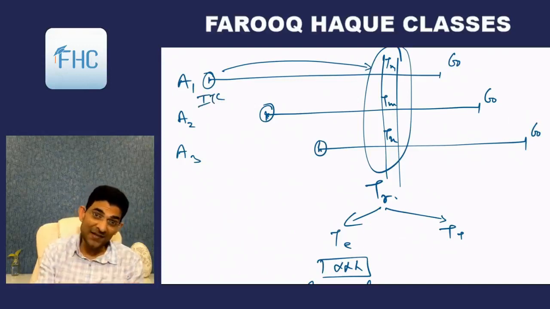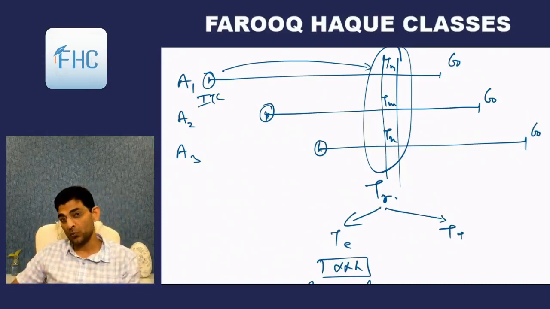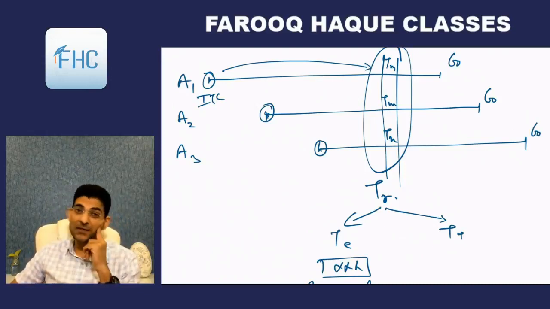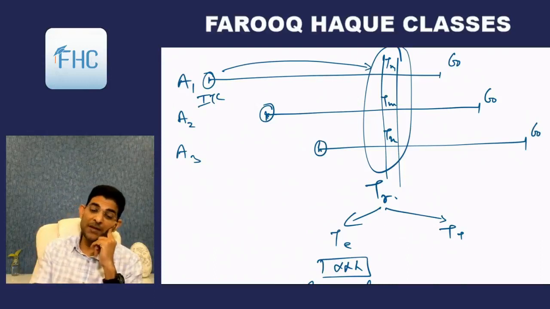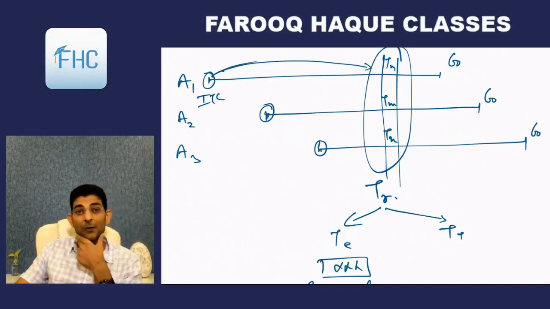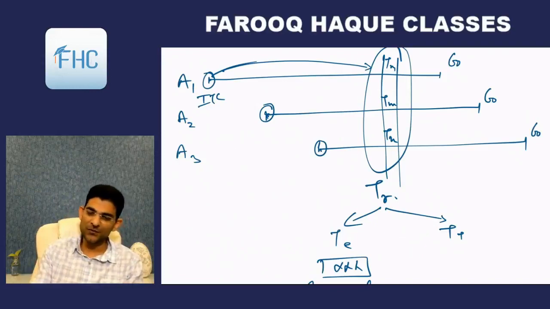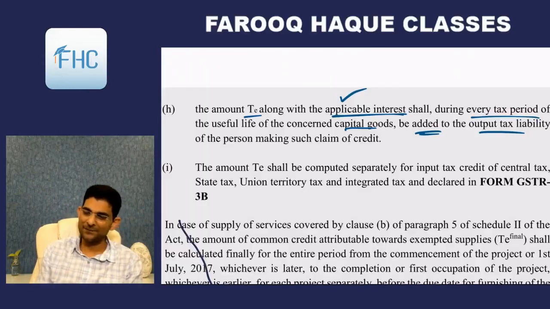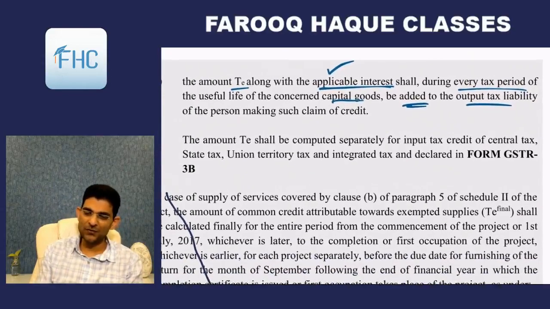When I utilize that ITC, when I set off my output liability against the credit, that is when I really use that amount. Claiming ITC is nothing. Utilizing ITC is the use of the amount. But we are paying interest right from the day when we claimed credit. So that is not good. And the government rate of interest is 18% per annum. So that is also not good. It's quite huge.